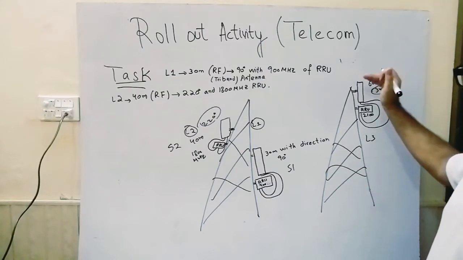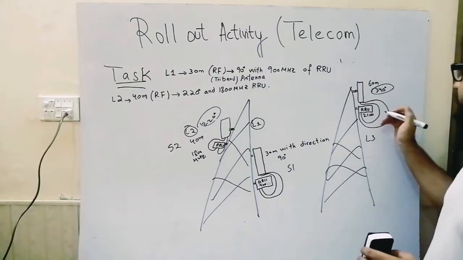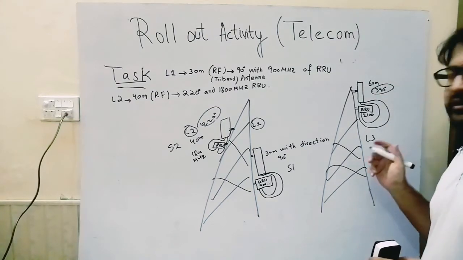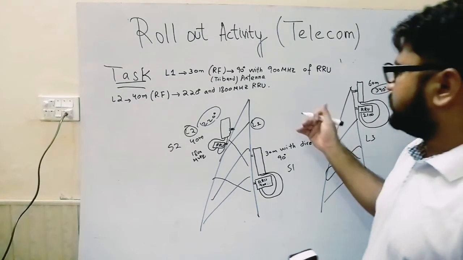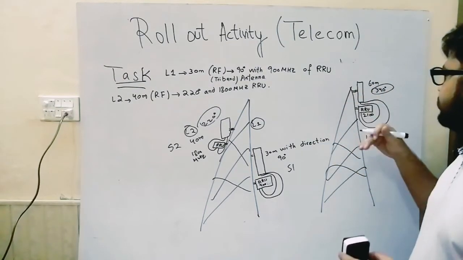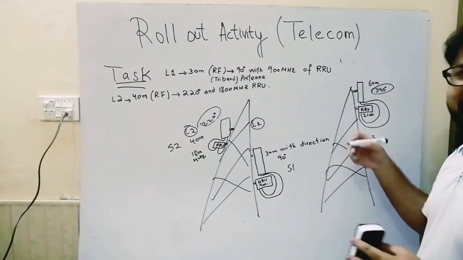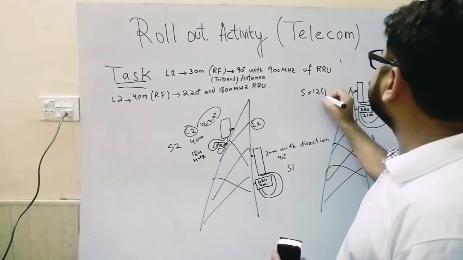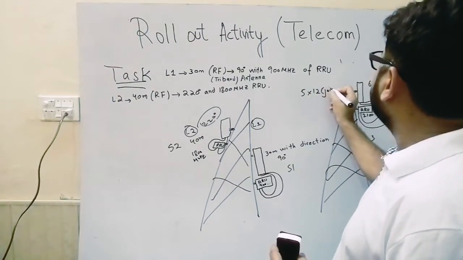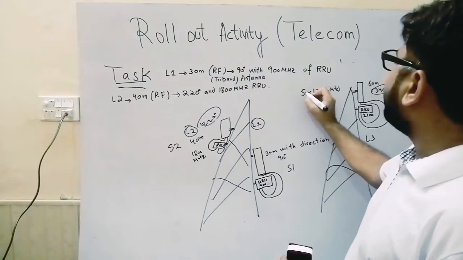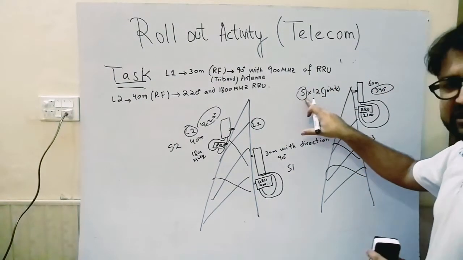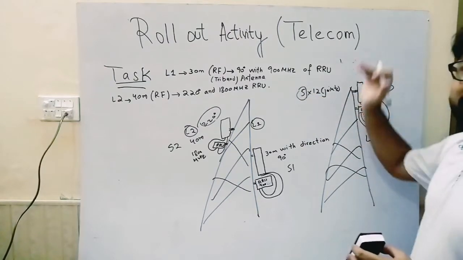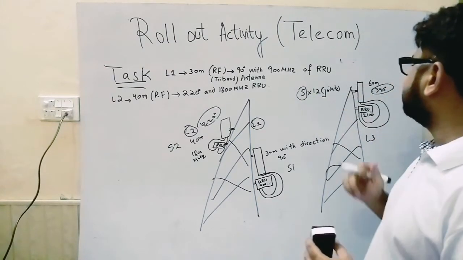After calculating the tower joints, you can find the exact height of 60 meter. Each joint is 5 meter, so multiply it by 12 joints, and after that you can calculate the tower height at 60 meter.